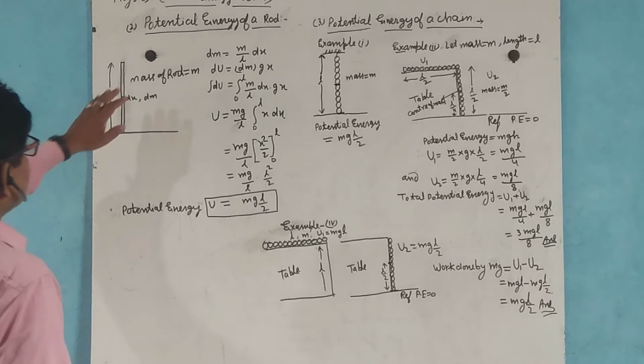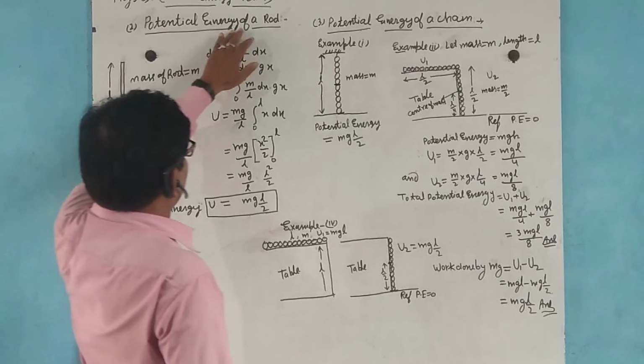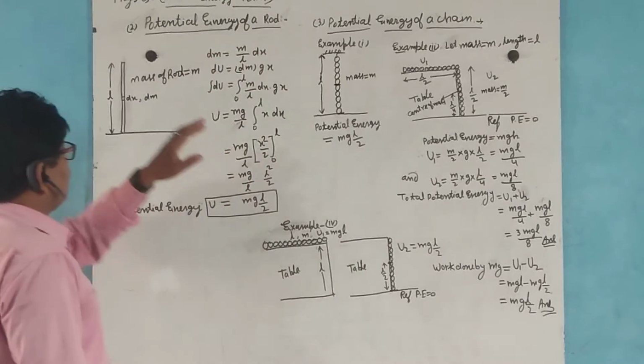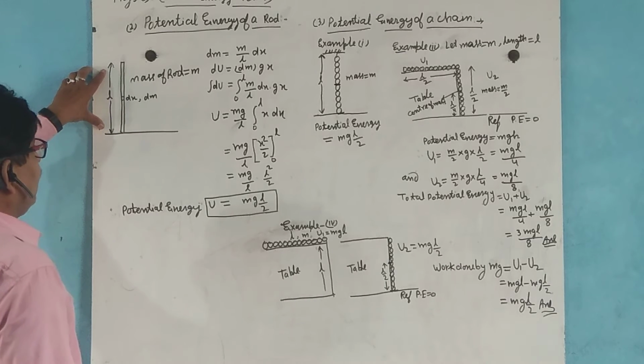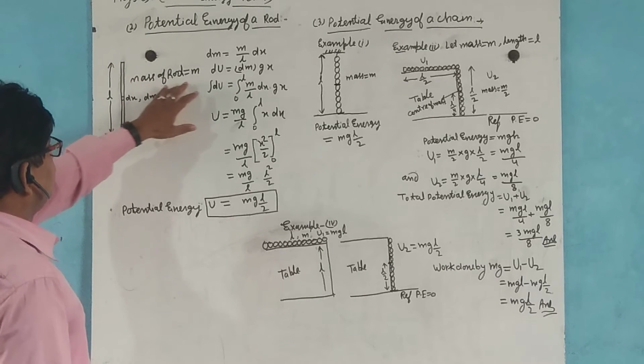Potential energy of a rod. Here this is a rod of length L, and mass of the rod is m.